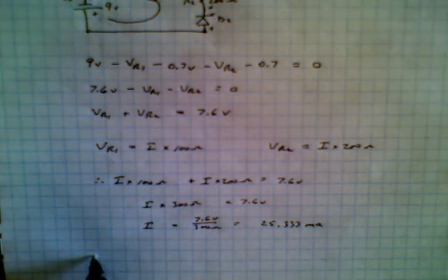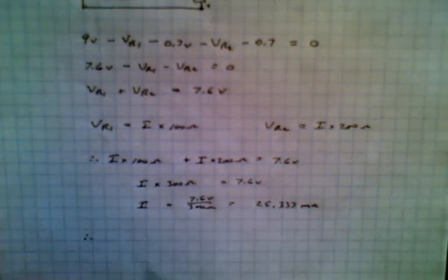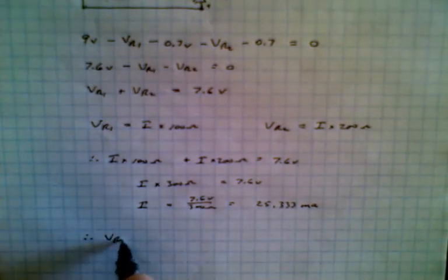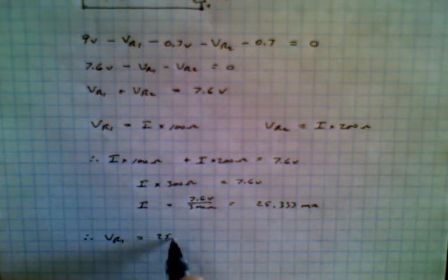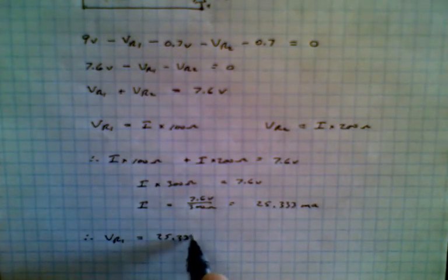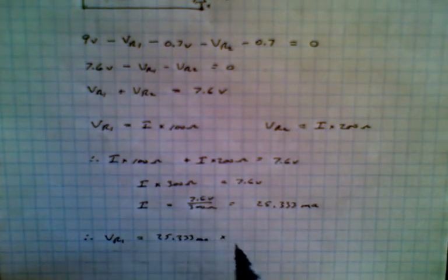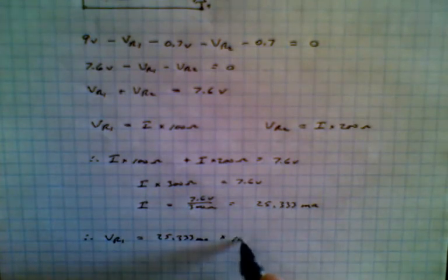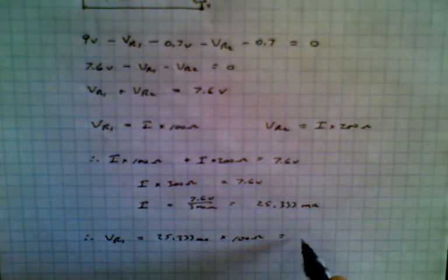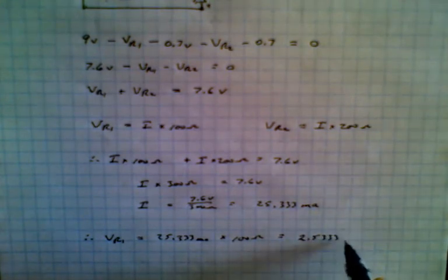This tells us, therefore, that the voltage on R1 is equal to 25.333 milliamps times 100 ohms. Multiply that out, and that's equal to 2.5333 volts.